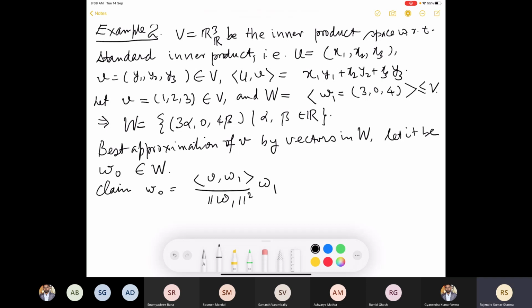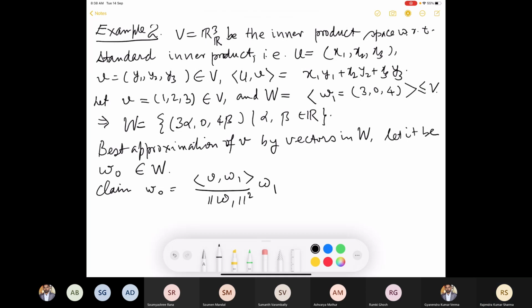Remember we had already obtained an expression explicitly for W naught when the subspace W was finite dimensional. So this comes from there. Only thing is that we shall verify the same thing. So V is 1, 2, 3.